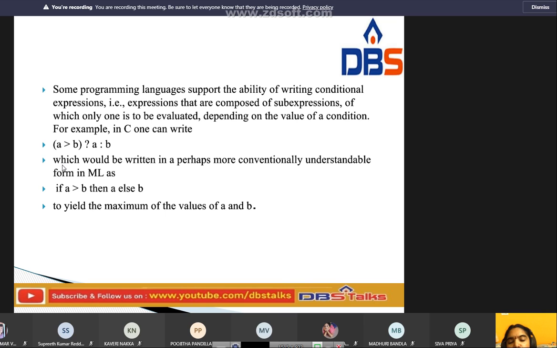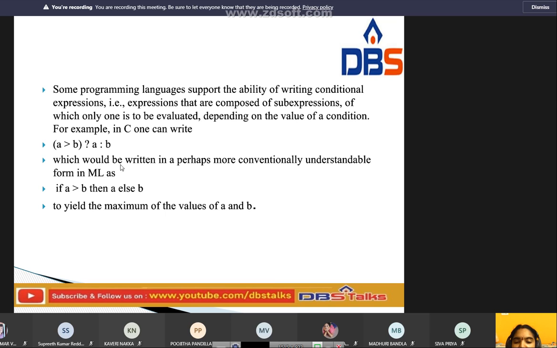In this expression only one subexpression is evaluated, depending on the value of the condition.